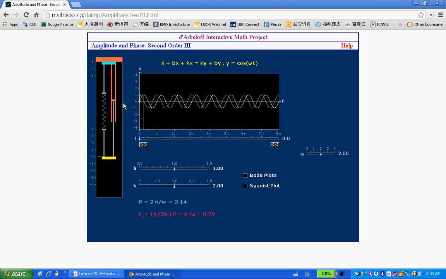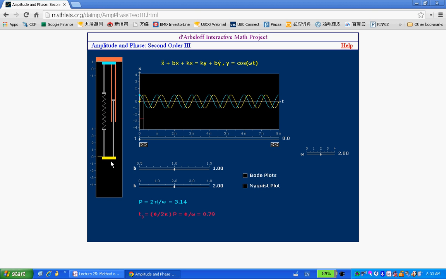However, the system here has a blue color and a yellow color, so it's free to move on both ends. Remember, when we were modeling the spring and the damper, we talked about the case where both sides are free to move. When both sides are free to move, they could have independent motion. There's x1 here, x2 there.